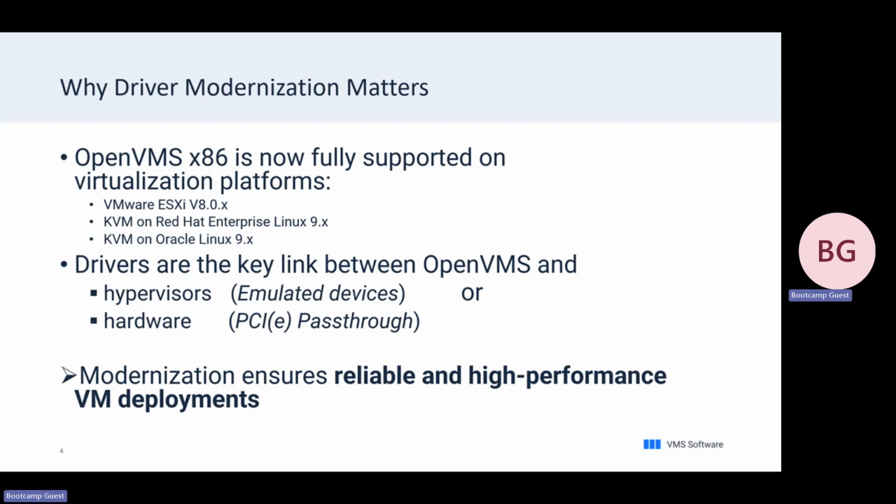It can be either the hypervisor through emulated and paravirtual devices, or the hardware directly. This can be achieved through PCI pass-through devices. What we want to achieve with modernization is to ensure reliable, high-performance VM deployments, not only for today, but also for tomorrow's infrastructure.